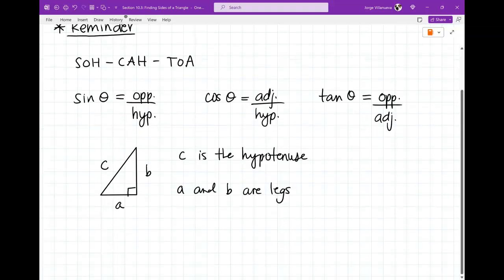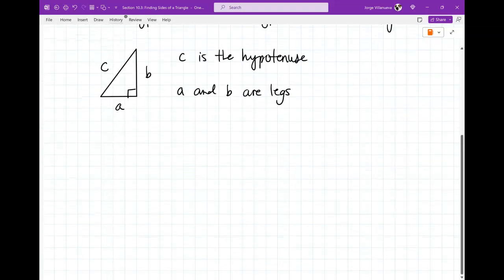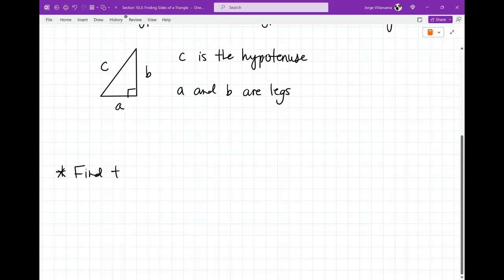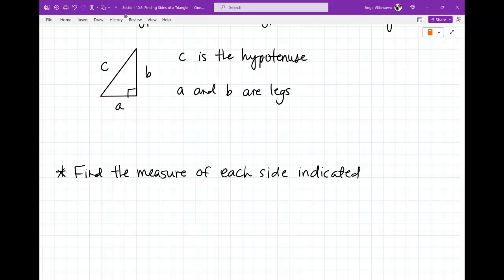So here we go. So the instructions say find the measure of each side indicated. And they'll put a round to the nearest tenth.